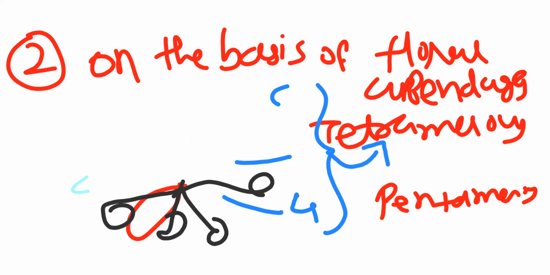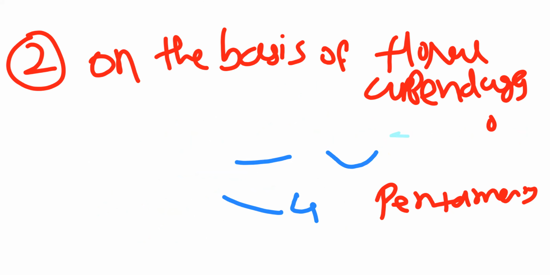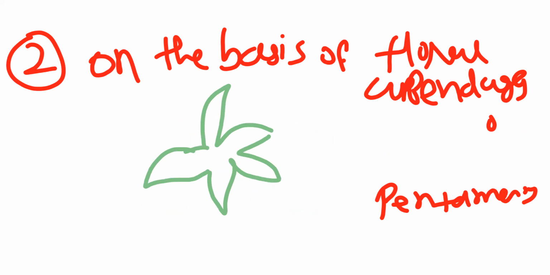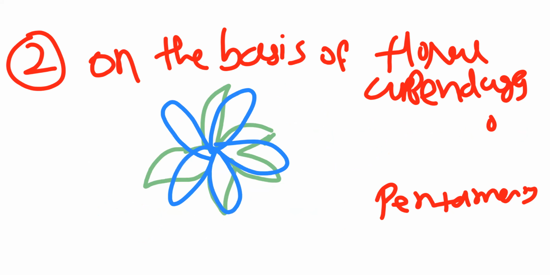Next, if flower in that calyx has 5 sepals, right? Then next 5 petals. In that 5 petals are there. 1, 2, 3, 4, 5.